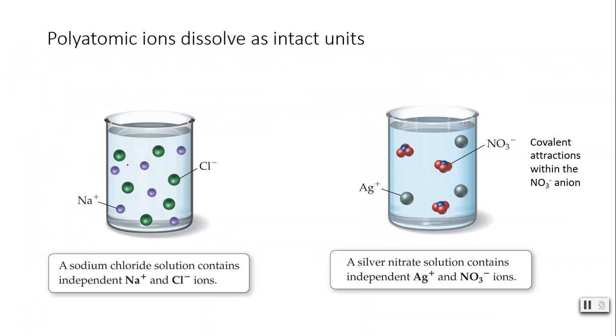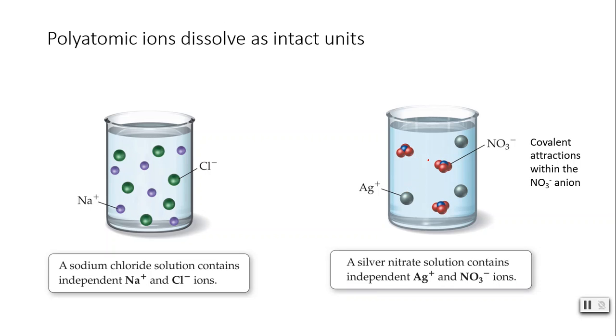So, as we said, compounds that are soluble and ionic break apart into their constituent cations and anions. What if I have a compound like silver nitrate that is soluble? If I have a solution of a salt with a polyatomic ion, for example, silver nitrate is soluble.